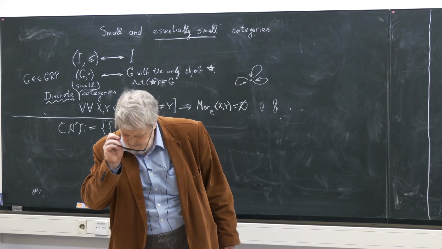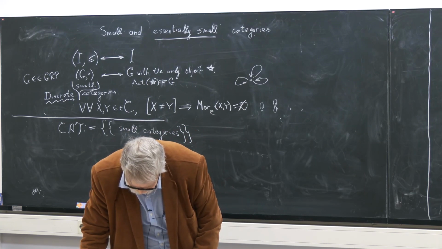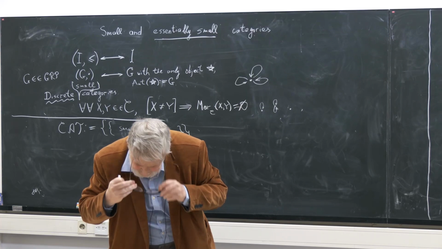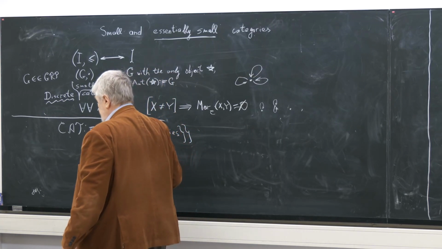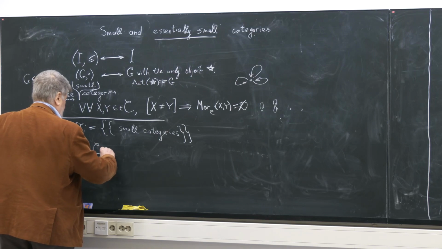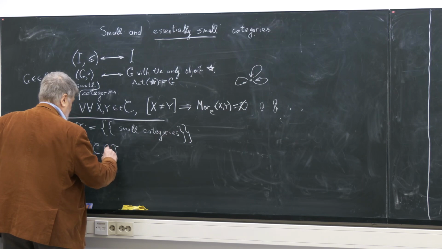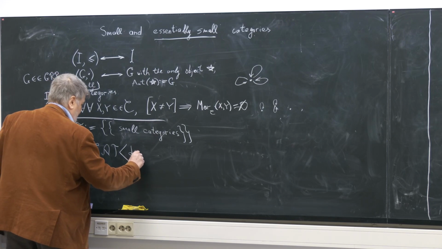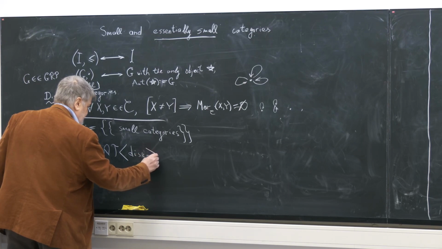And we apply it in the following way. Just now define, sorry, I have to consult in what order we consider them. Consider the two properties simultaneously. I mean, consider the small and discrete categories.